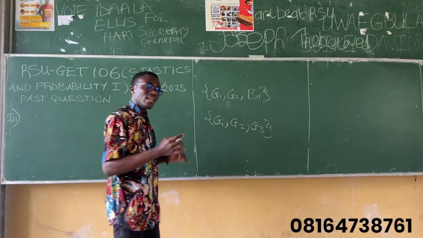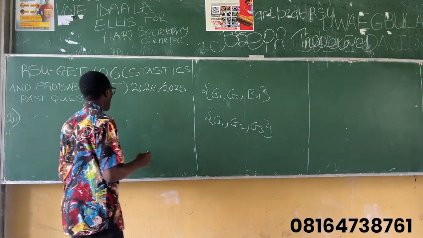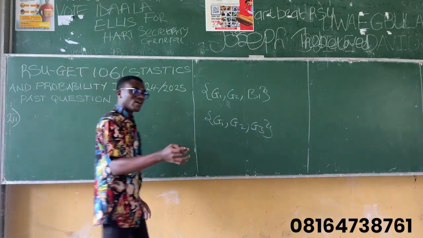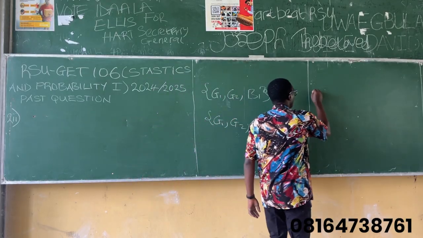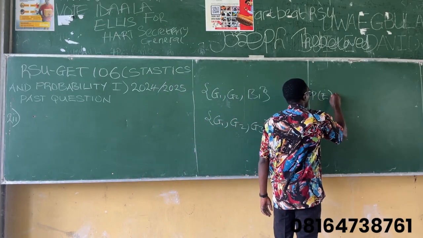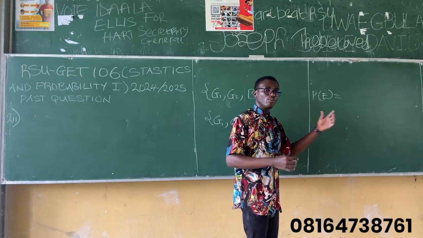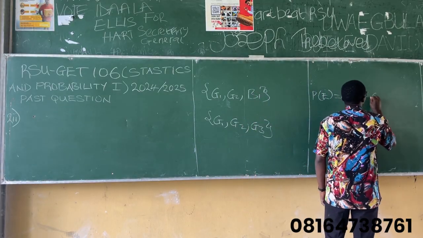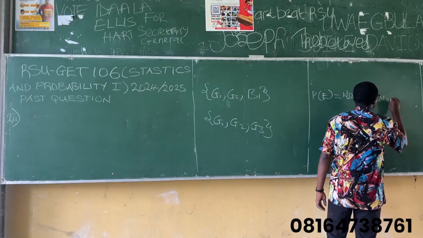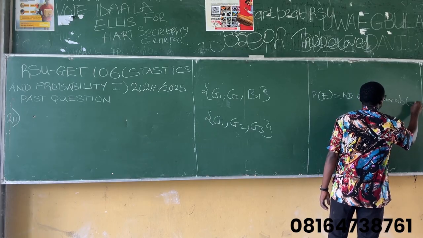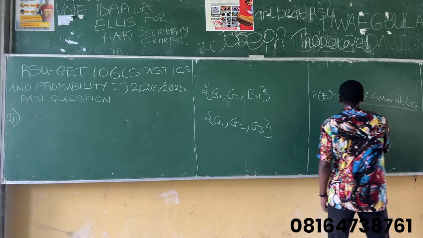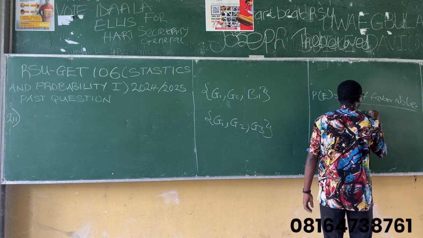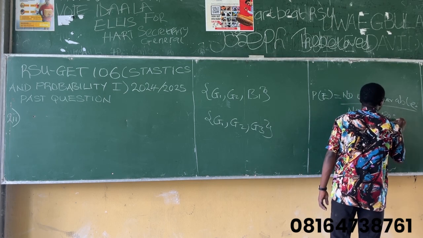So we can either go back to the sample space and count all of this, because we know that for classical probability, the probability of an event is equal to the number of favorable outcomes divided by the total number of possible outcomes.